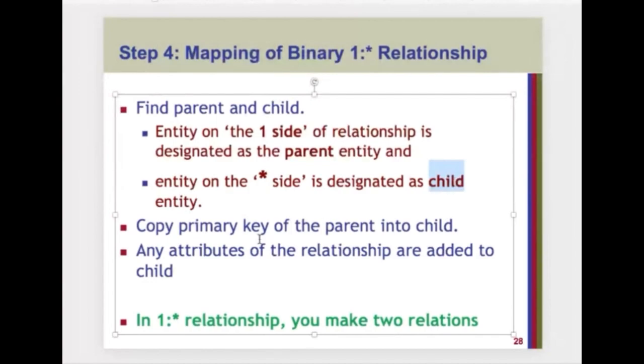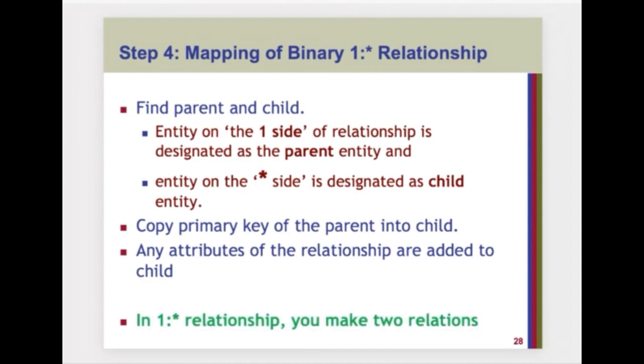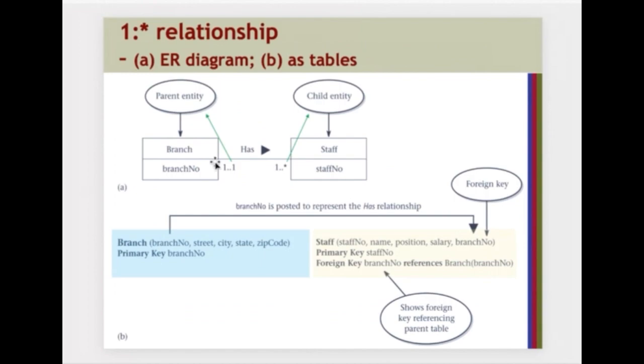Okay, so once again, you remember, whenever we have parent and child, we always add the primary key of parent into child. The essential thing we should remember is that in one-to-star relationship, we make 2 tables. Once again, let's have a look with the help of an example. This is the branch entity, this is the staff entity, and they have a one-to-star relationship. In one-to-star, the first step is we find parent and child.